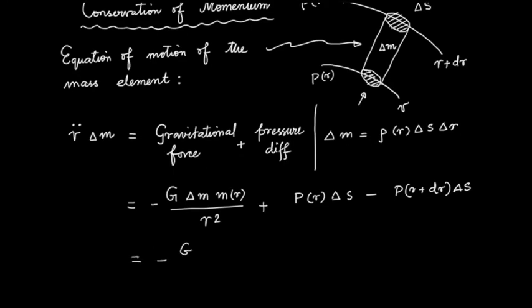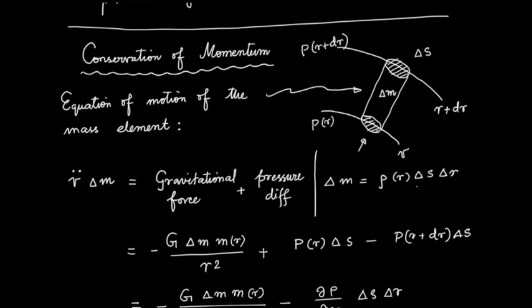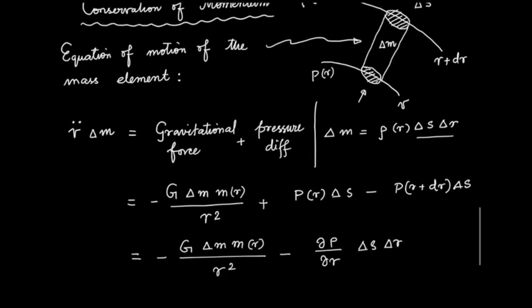So I can write this as G delta m M(r) by r square plus, and this is nothing but, minus del P del r times delta S into delta r. But you see, delta S times delta r is delta m by rho.